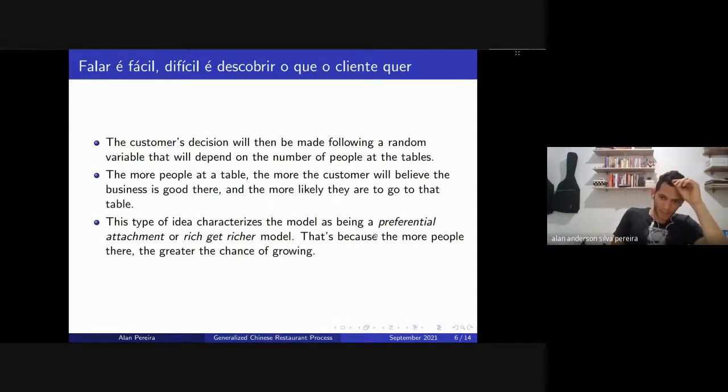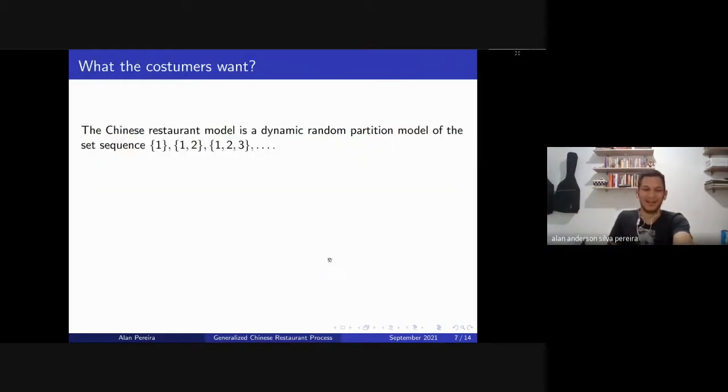And this model, where people want to go to the place where there are many people, is called preferential attachment. It is very useful in graph theory, and is also called the rich get richer, because we can think about people who have so much money, they can invest and make more money. If you don't have so much money, you have to pay your bills, and so you cannot increase your wealth.